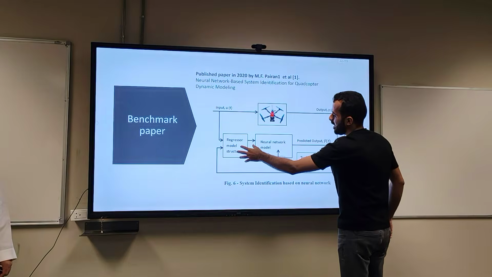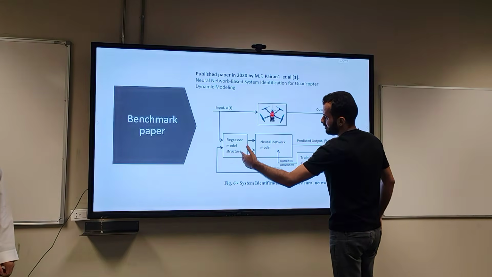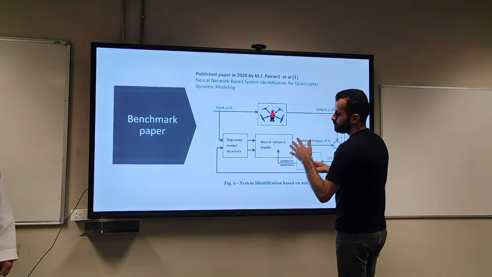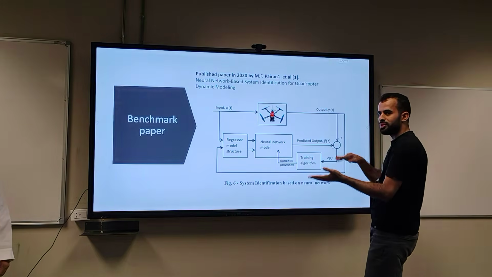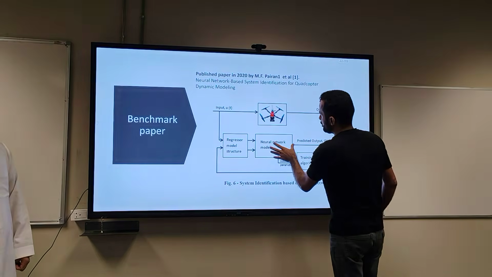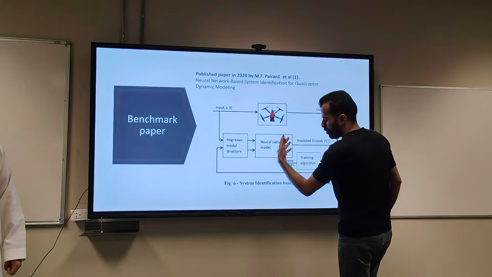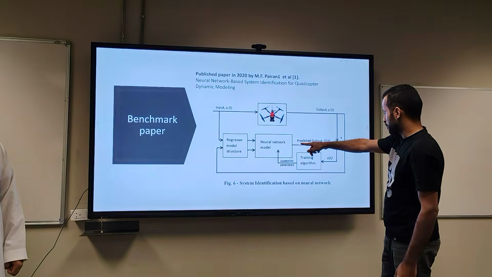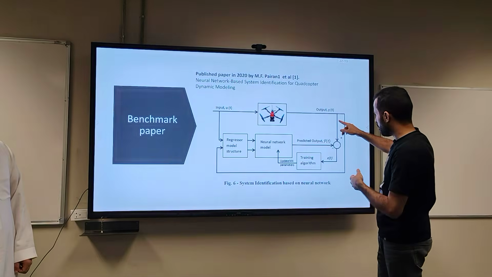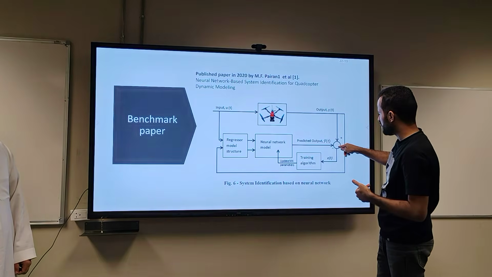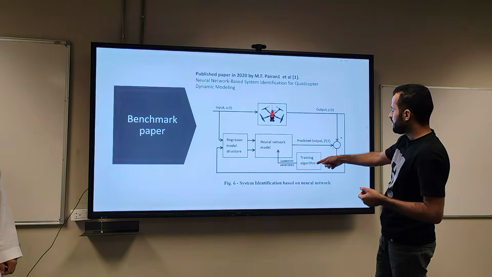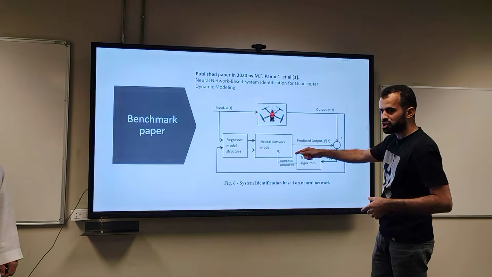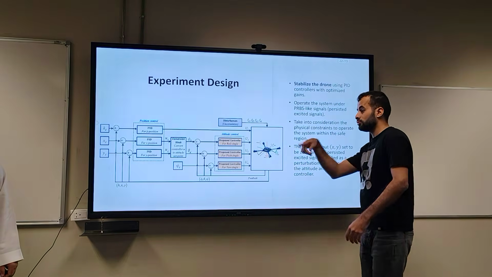The regressors capture the dynamics and the temporal dependencies in the data, and the neural network works as a nonlinear function. Then when they do prediction, they compare the prediction with the actual, take the error, and use the backpropagation algorithm to adjust the weights of the neural network.